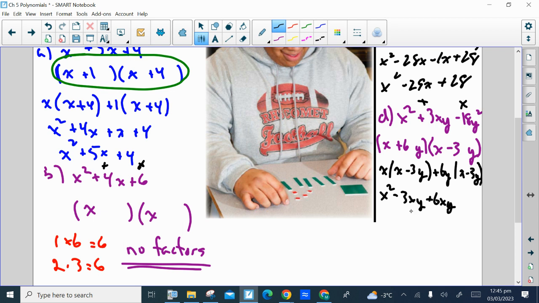The reason I wrote it in that order is because that matches the order of the previous term. And then 6y times negative 3y is negative 18y squared. So we'll get x squared plus 3xy minus 18y squared, which is what we started with. So we have just shown that our factors are correct. They do multiply together to get what you start with.